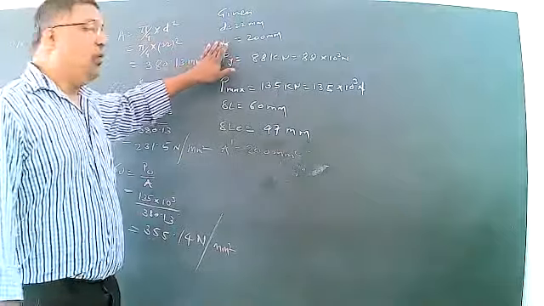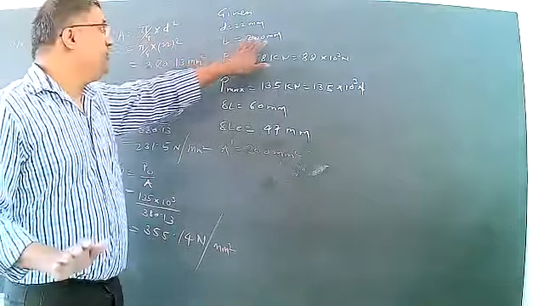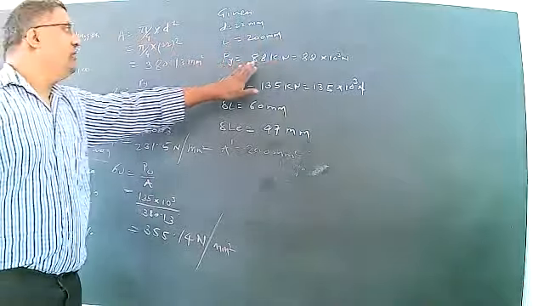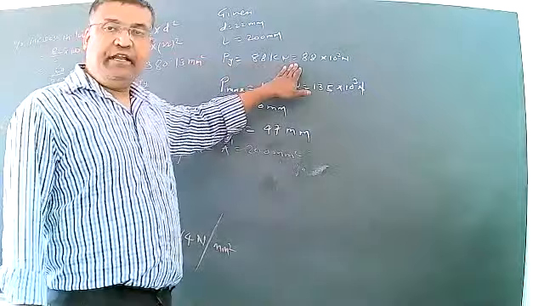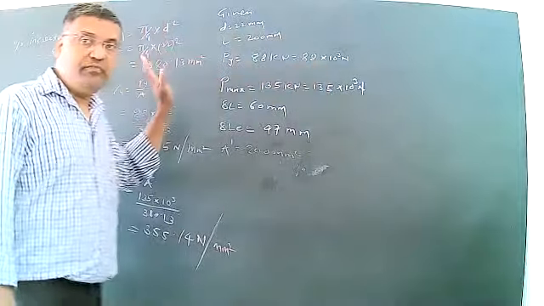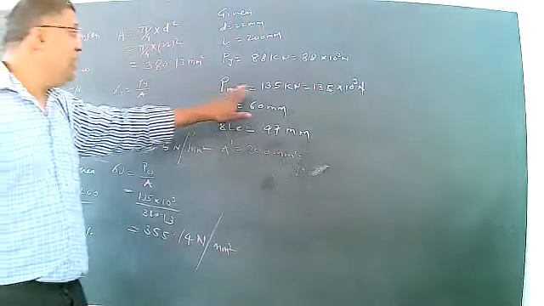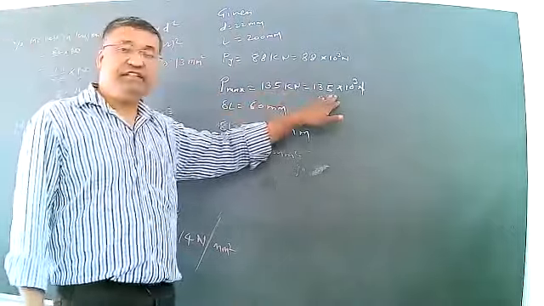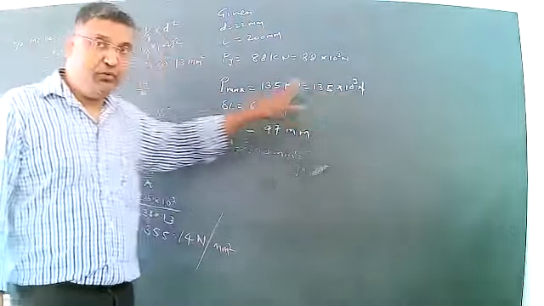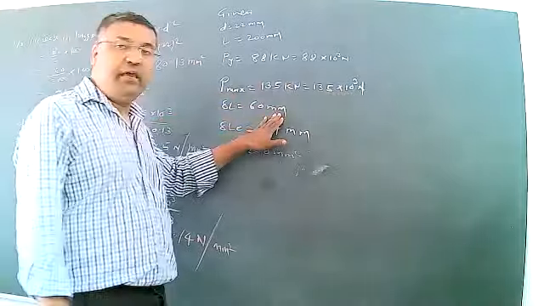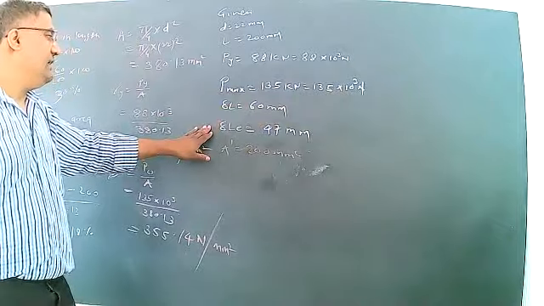Original length of specimen is 200 mm. The yield load is 88 kilonewton, that is 88 into 10 raised to 3 Newton. Maximum or ultimate tensile load is 135 kilonewton, that is equal to 135 into 10 raised to 3 Newton. Change in length is 60 mm.